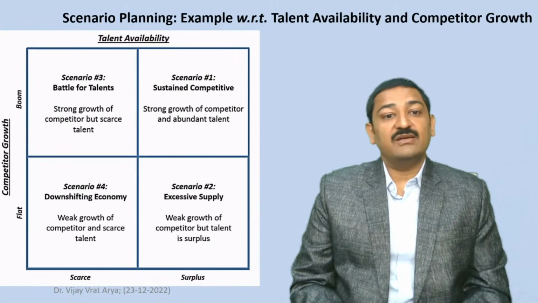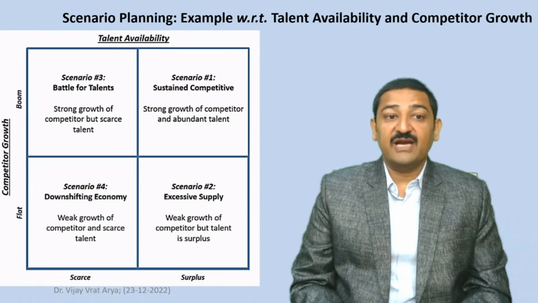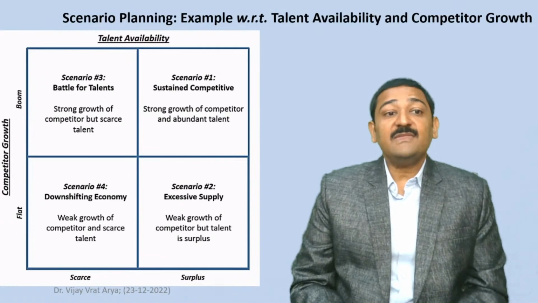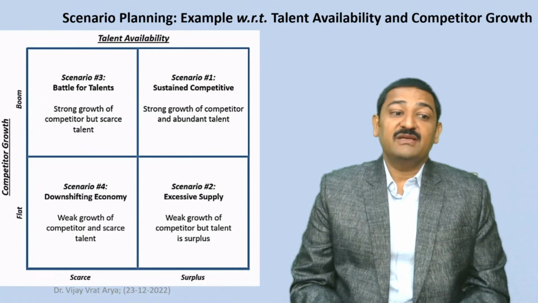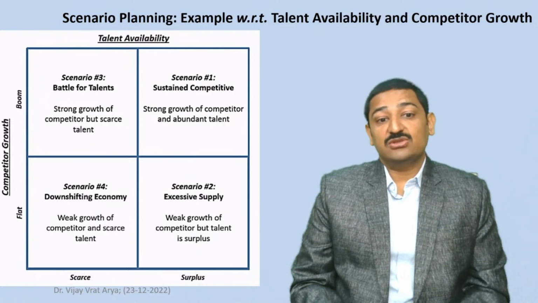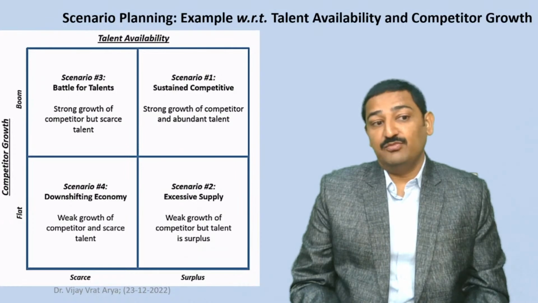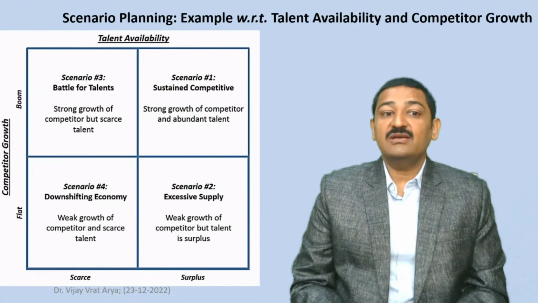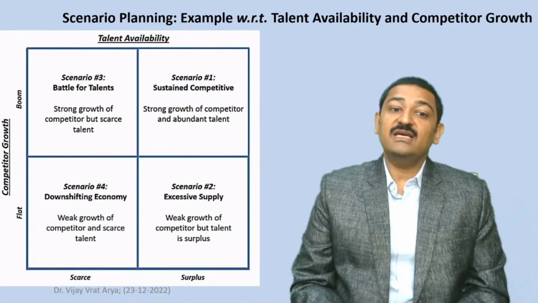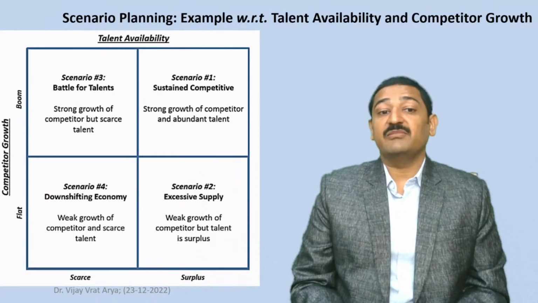In scenario one, a sustained competitive scenario has been identified, which means that talent availability is surplus and at the same time the competitor growth is also better, that is the booming situation. So in scenario one, there is a strong growth of the competitor and abundant talent is also available.